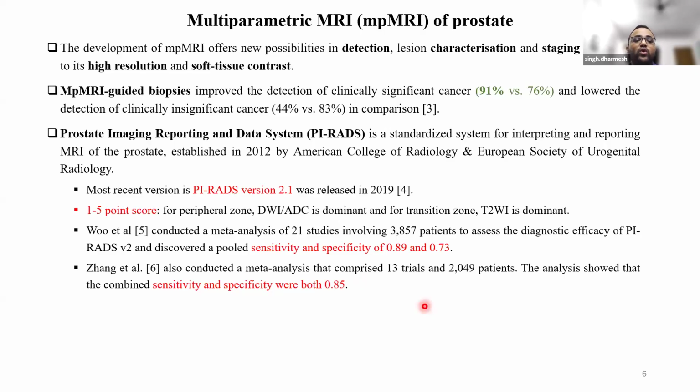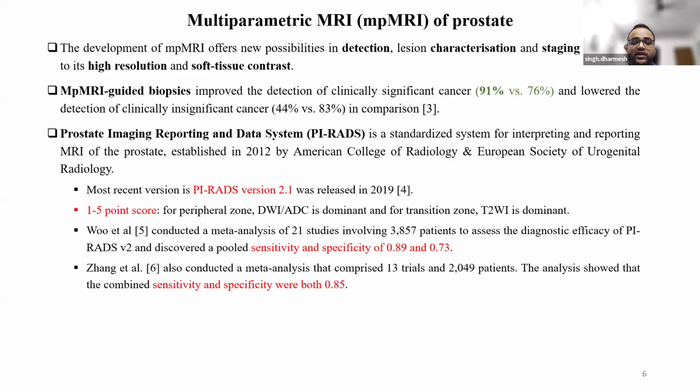Likert scale means 1 to 5 point scoring, which is based on criteria like hyperintensity, hypointensity, lesion maximum diameter, and lesion volume cutoff threshold. Suppose the lesion diameter is greater than 1.5 centimeter, it will count as score 5.